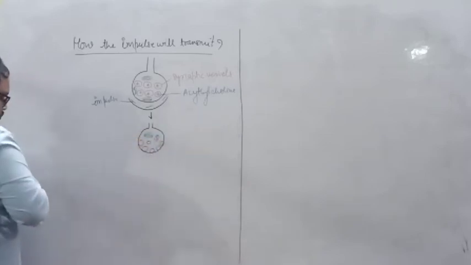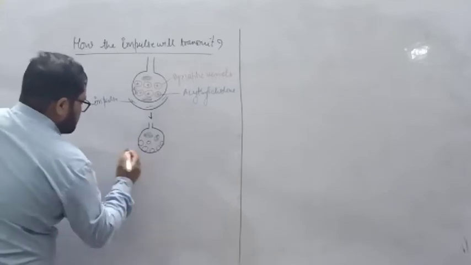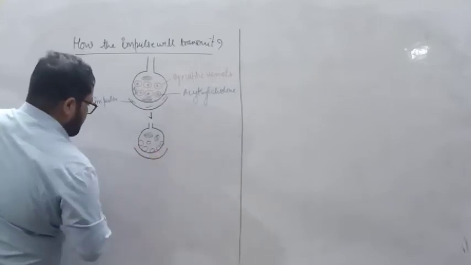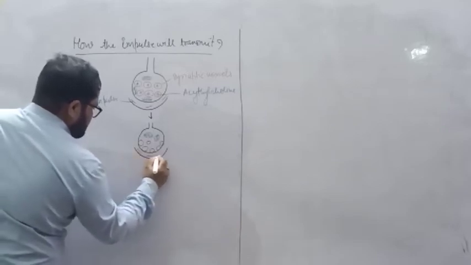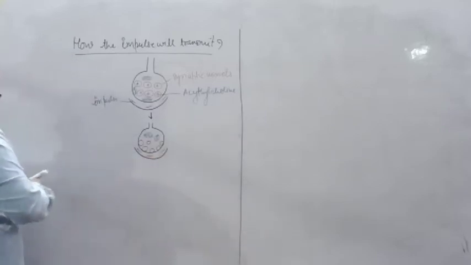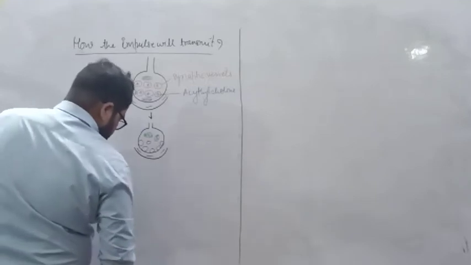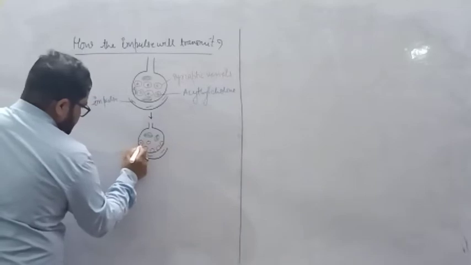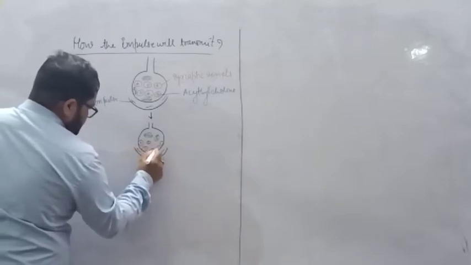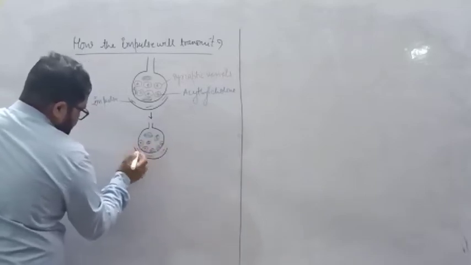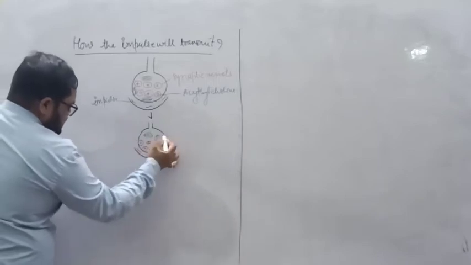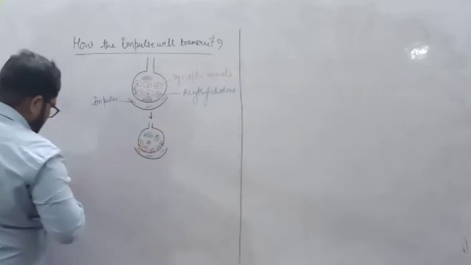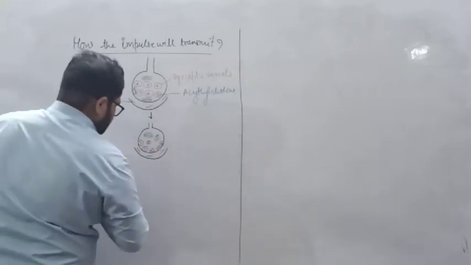Now this one is the presynaptic membrane and here is the impulse. There will be a positive charge inside, that is acetylcholine. Due to attraction, pressure will be created on the wall of the synaptic knob, and due to the pressure the wall becomes ruptured.